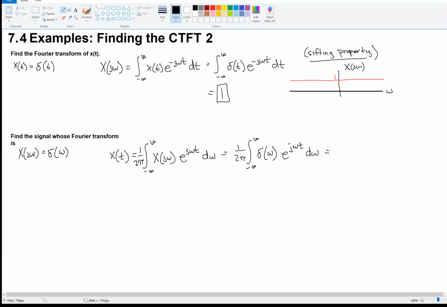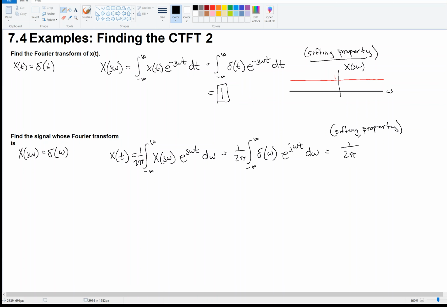Again, from the sifting property, check that out if you are still not entirely sure about it, go back to the video. Anyway, ω equals 0 is the value that gets sifted out. So e^0 is 1, and then we have the 1 over 2π.